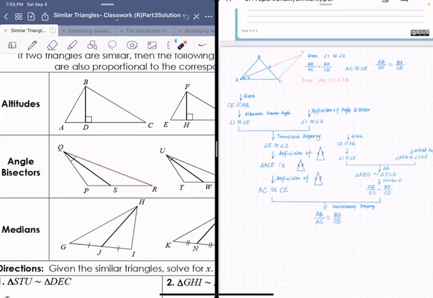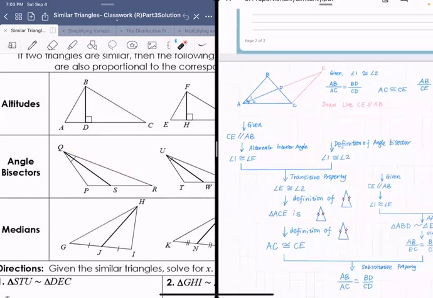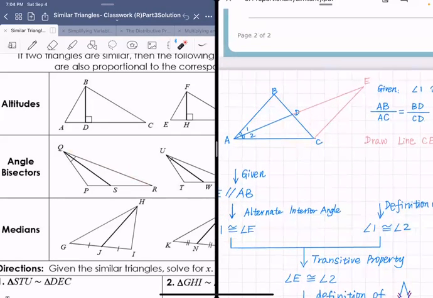When we see the triangle on the right, AB over AC equals BD over DC. So QR over QP is going to equal SR over PS. Does that make sense? Okay, that's called the angle bisector theorem.